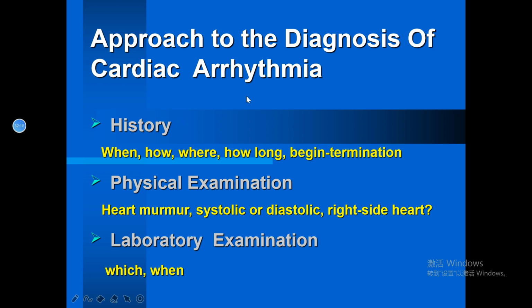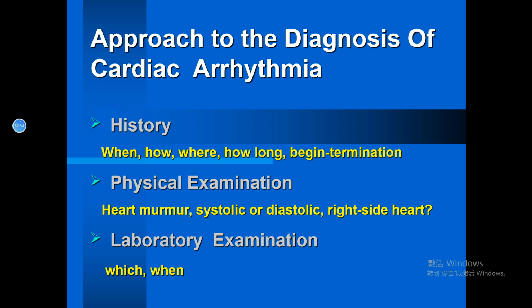So there are many approaches to diagnosing arrhythmia. The first one is the history of the patient. When does it happen? How did it happen? How long does the tachycardia sustain, and how did it begin or how did it terminate? This is really important.